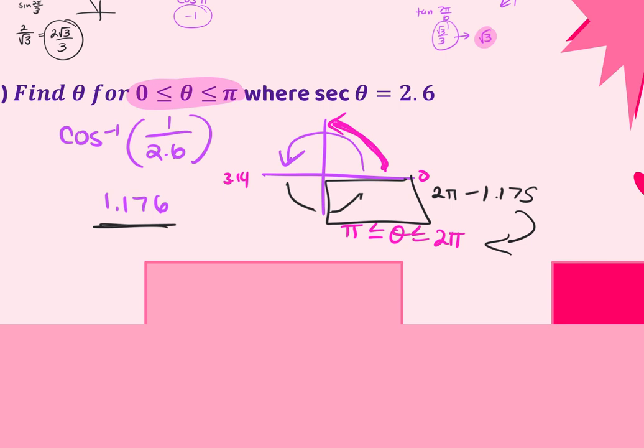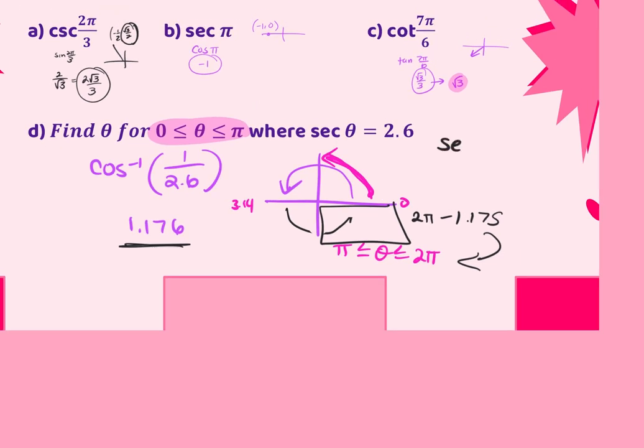So for example, what if I had said that secant of theta equals negative 2.6? Now where should that answer be, if I went with the original 0 to pi? In the second quadrant. So I can't give 1.176 as an answer. I have to use that as the reference angle to find the actual angle that should be in the second quadrant.